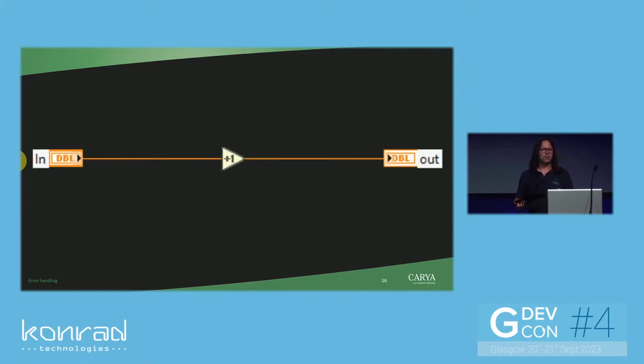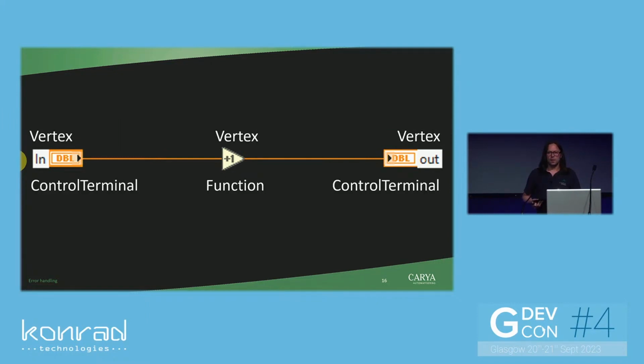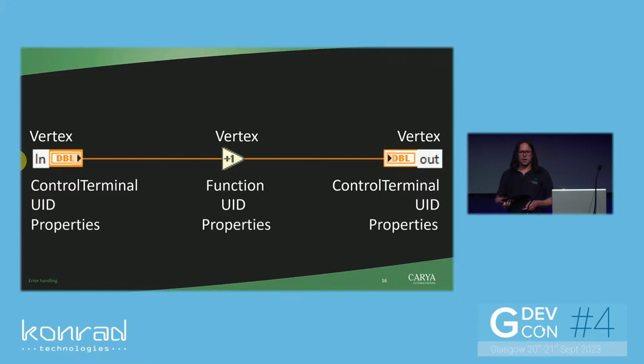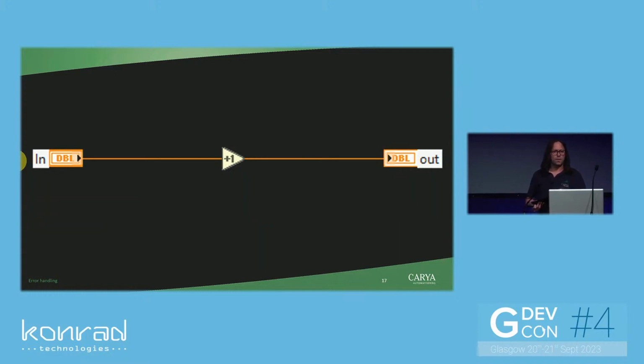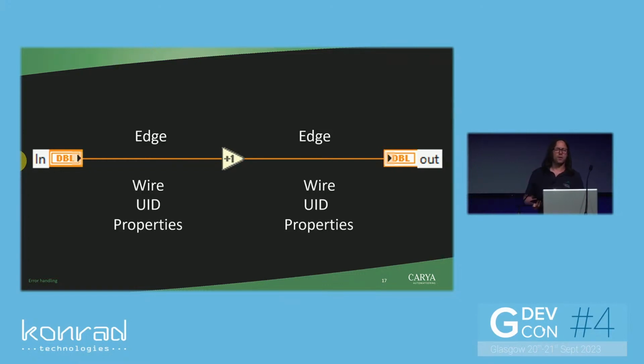So how would the graph look for a VI? Well, obviously there are vertices. They have labels, classes in our case. They have IDs already; LabVIEW gives them unique IDs. And they have properties. So that's pretty obvious. So how about edges? Well, wires have labels too, and they have IDs and they have properties.